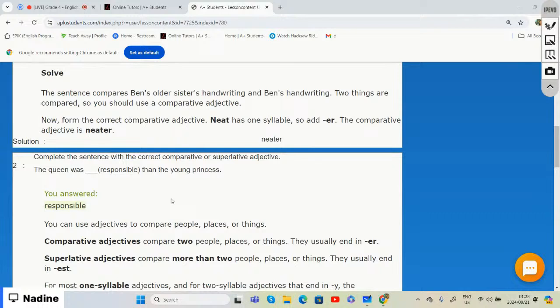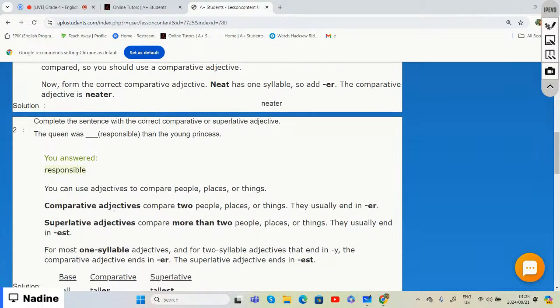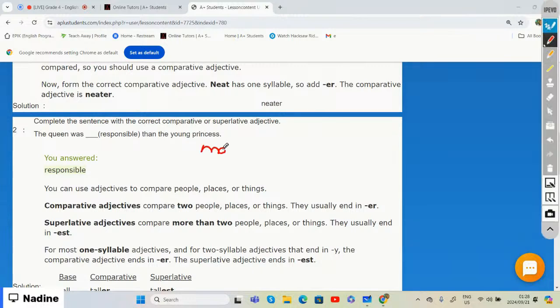All right. So now we say the queen was, do we say more responsible or do we say most? We need to choose the correct one, more or most. Which one is correct to add in front of responsible?